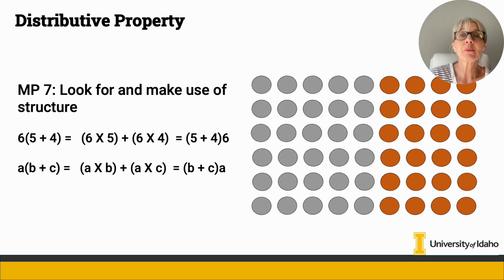It is, in other words, when we break down this area represented by 6 times 9 into 6 times 5 plus 6 times 4, we are developing the idea that we can multiplicatively distribute that 6 to the sum of 5 and 4. With algebraic symbols, we typically represent the distributive property like this, where you see A is distributed to, or is multiplied by, both B and C.